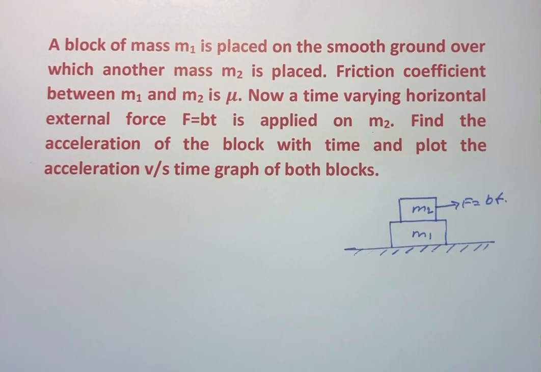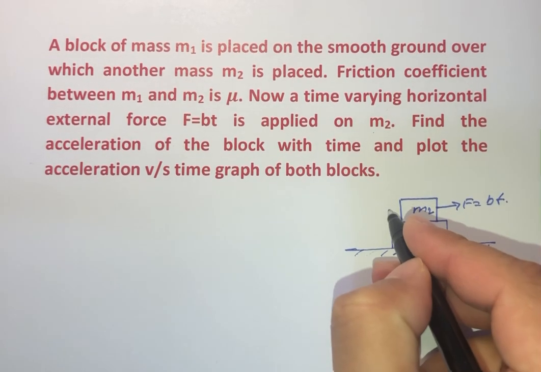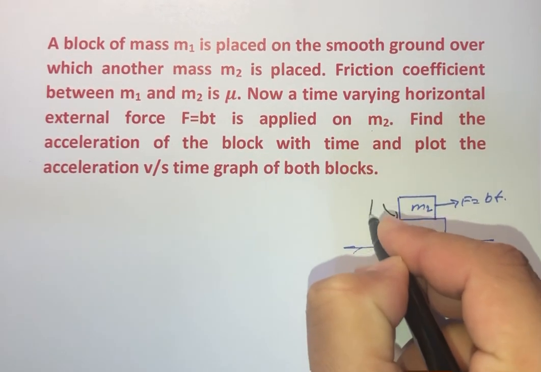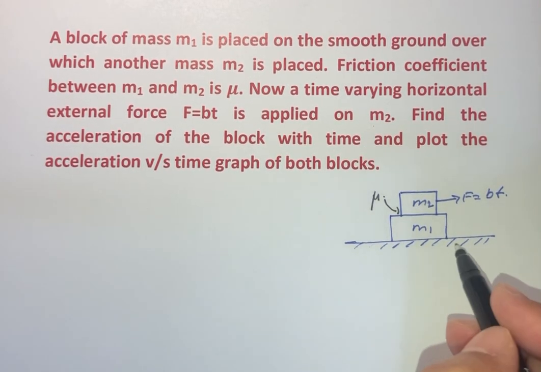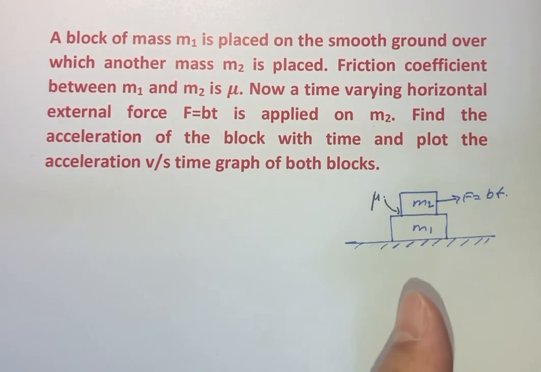The coefficient of friction between m1 and m2 is given as mu, and there is no friction between the plane surface and m1.